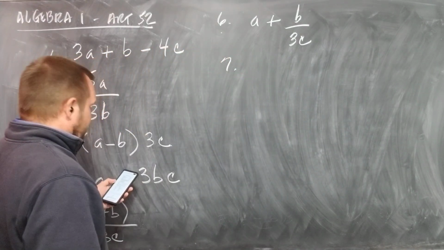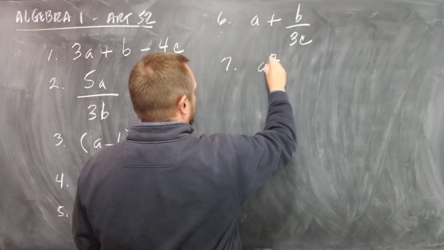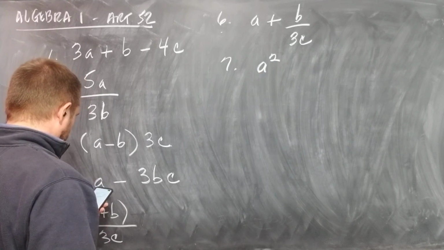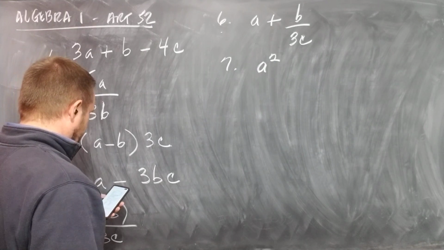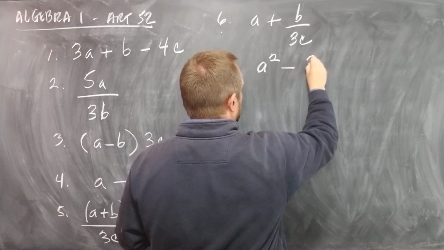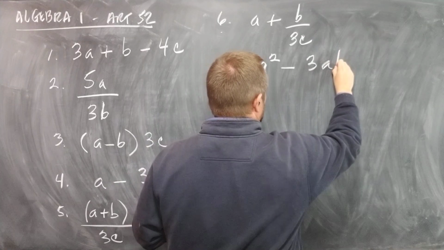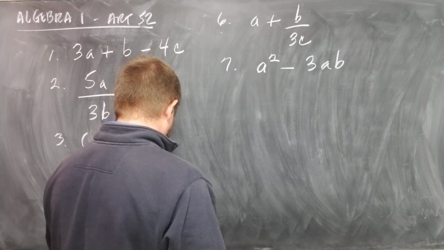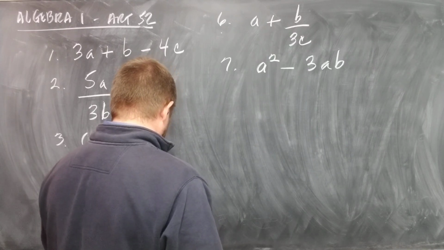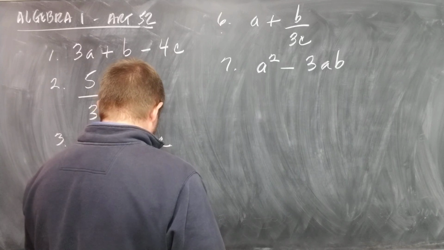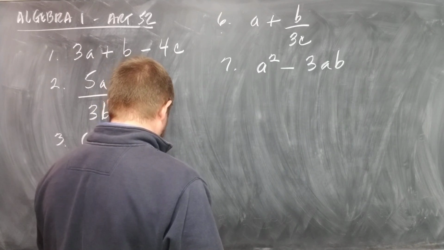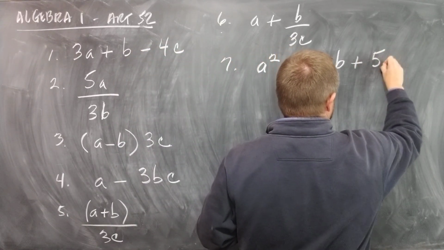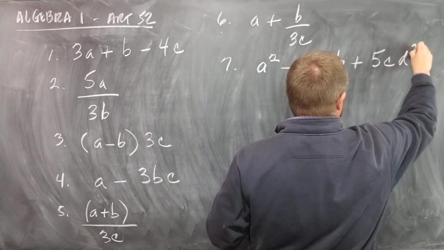Our textbook says a squared minus 3a into b, minus 3a into or times b. A squared minus 3a into b plus 5 times c into d squared.